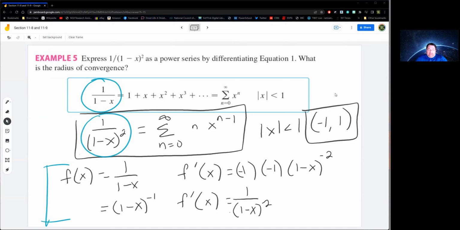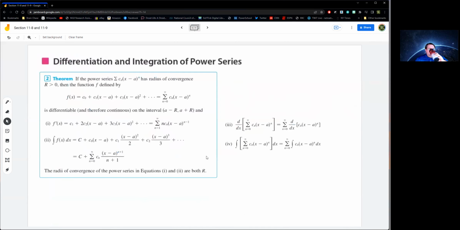Now we're going to do the exact same thing on the other side. So I'm going to take the derivative of that, which equals that. You bring the n down, you subtract one. Oh, okay, so since I did the derivative of both sides, those two things are now equal to each other. Got it, based on this theorem.